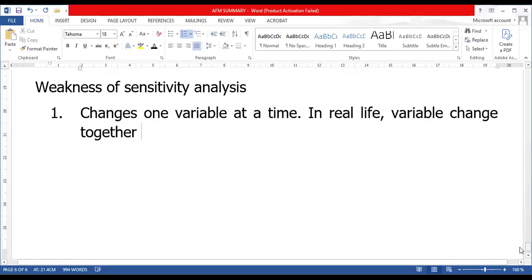If you're talking about a sales drop, or a decrease in sales, you may also look at the costs. You may find that sales have declined, but at the same time the costs have increased.